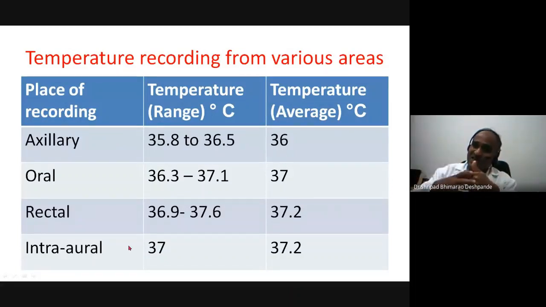You can just imagine that this is the temperature happening near the hypothalamus. So this temperature is similar to the core temperature. But the problem with the tympanic is that you may at any time rupture the tympanic membrane. So inexperience may do harm; rather, rectal temperature may be a more beneficial one.